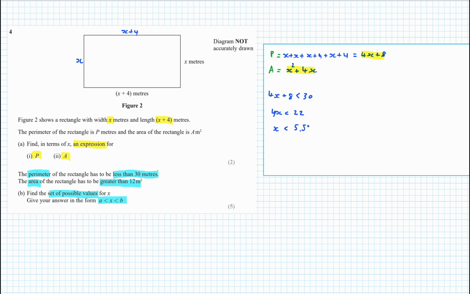Next, our area, x squared plus 4x is greater than 12 meters squared. 12 for now. And let's solve that for x.